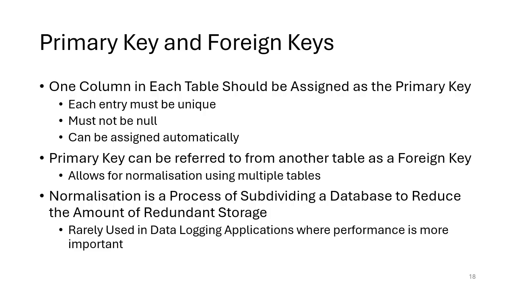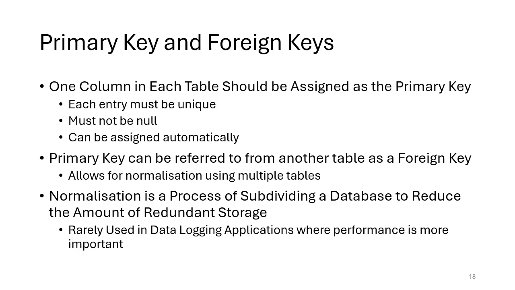Typically, in every table there should be one column which is assigned as the primary key. If you've got simple data and you're not worried about comparing data or mixing it with other tables, then maybe this isn't required. But in a normalized database, it is a best practice to have one column as the primary key. Each entry in that column must be unique.